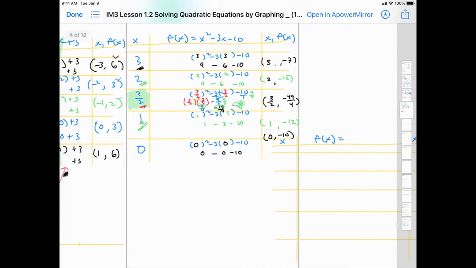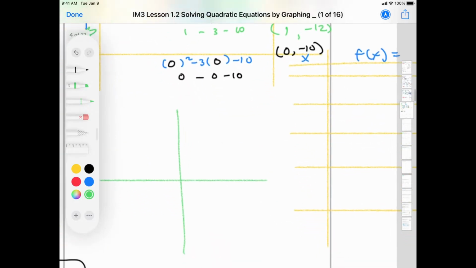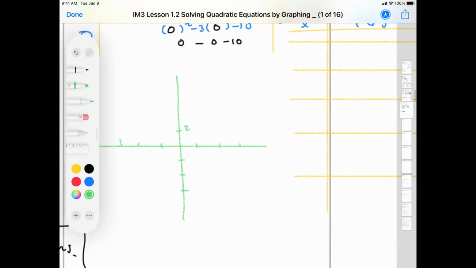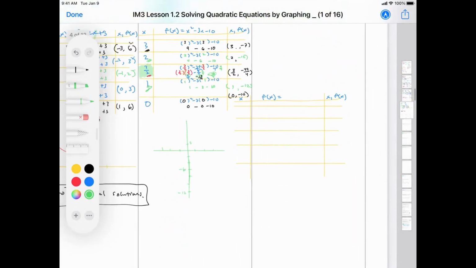Let's graph it. My numbers get kind of big, so I'm going to count by 1s for this axis, and then this one will be 2s, so that'll be -2, -4, -6, -8, -10, -12. Okay, let's try it.